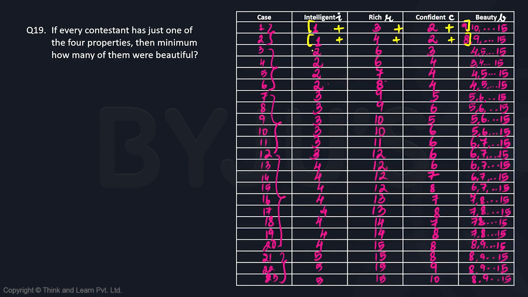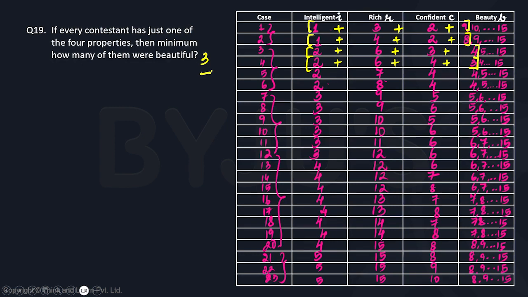Then in the next case, we are going to have 2 plus 6, that is 8, 8 plus 3, which is 11, 11 plus 4, this is going to be 15. So if we look at the beautiful part, 3 is the minimum that we see so far. Let's see if we add 2 plus 6, 8, 8 plus 4, 12, 12 plus 3, 15. Yes. So we can say that minimum 3 candidates can be beautiful.